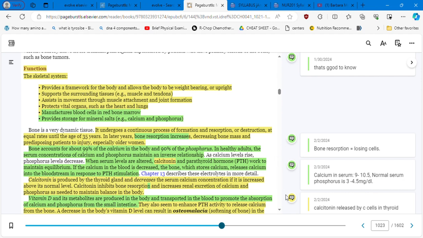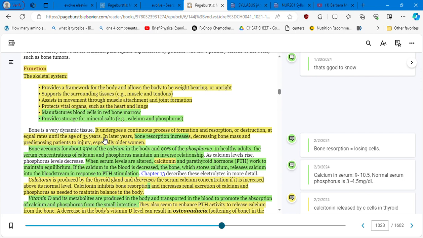Okay, so the bones undergo a continued process of formation and resorption. Resorption is not the same as absorption. Bone resorption means losing cells, or destruction, at equal rates until the age of 35 years.